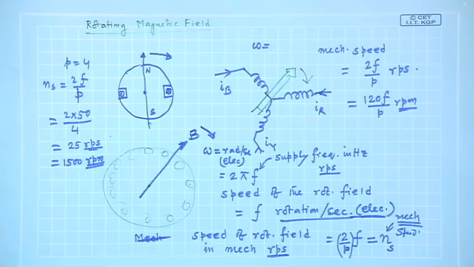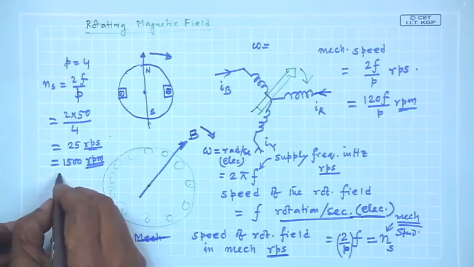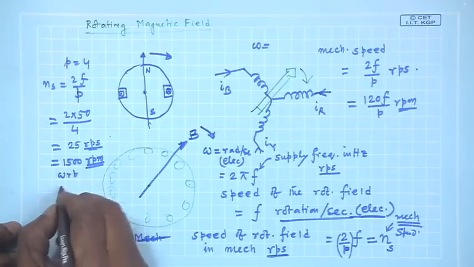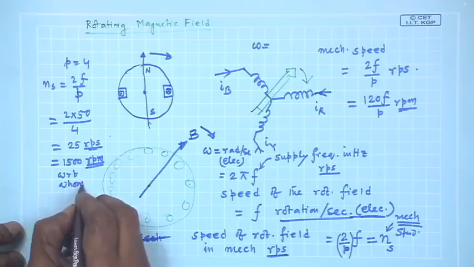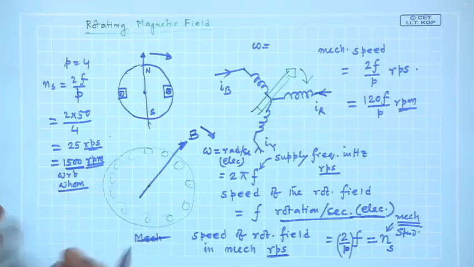It is understood, somebody is stationary with respect to whom it is moving. A train is moving at 250 kilometer per hour, it is with respect to a stationary observer. Now, in this case, similarly, while talking about the speed of the rotating field, do not forget to mention with respect to whom this speed you are telling 1500, with respect to whom it is moving.